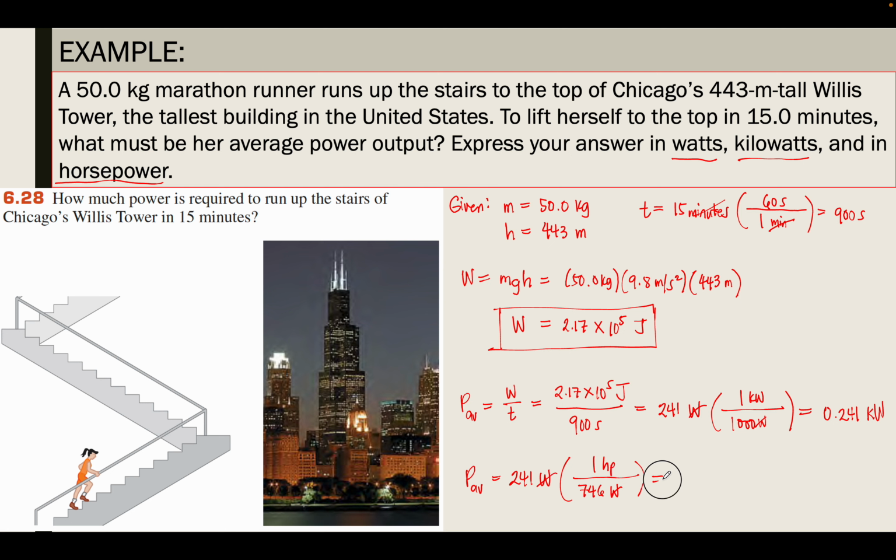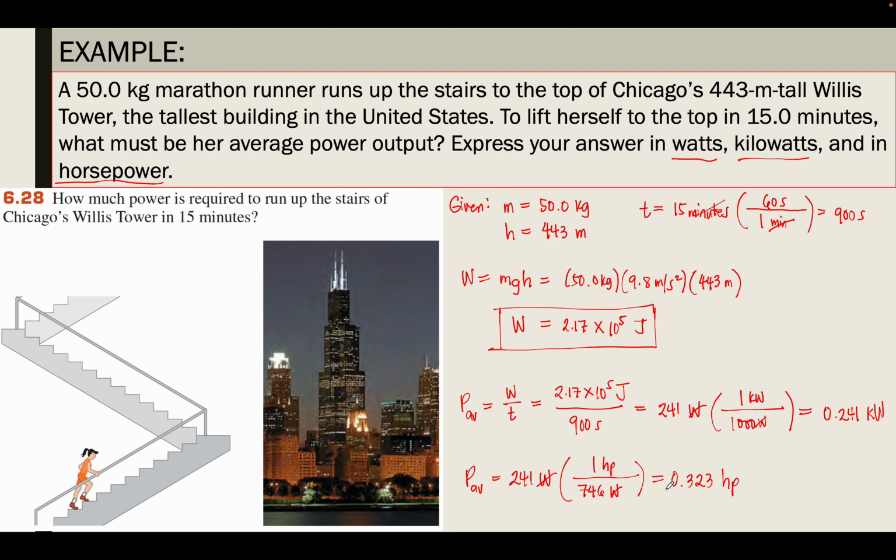So 241 watts to horsepower: 241 divided by 746 is equal to 0.323 horsepower.